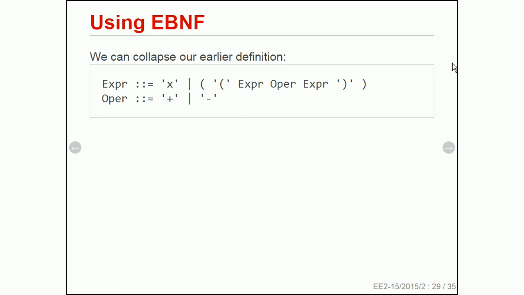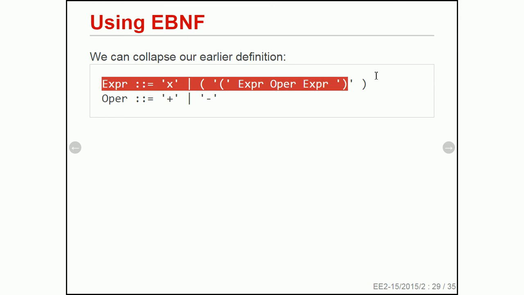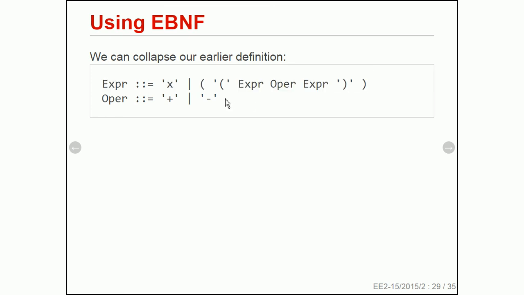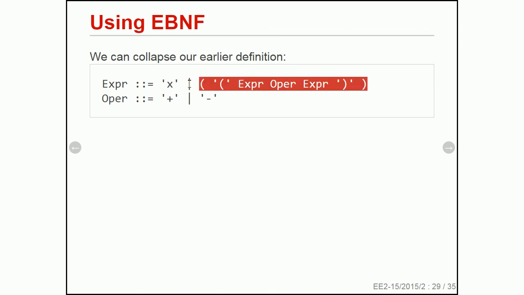So the purpose of using EBNF is actually to make our definition simpler. So this is the definition of our toy example using EBNF, and you can see that rather than using 4 rules, we've got a single rule for expert and a single rule for opper, and all we've done is we've taken the right hand sides and put them either side of the pipe.